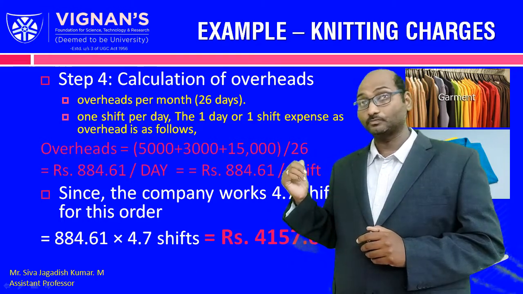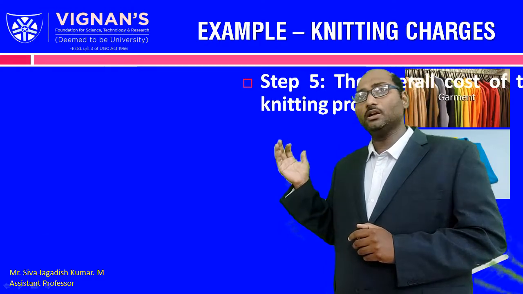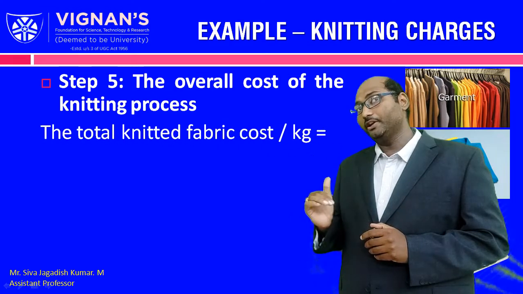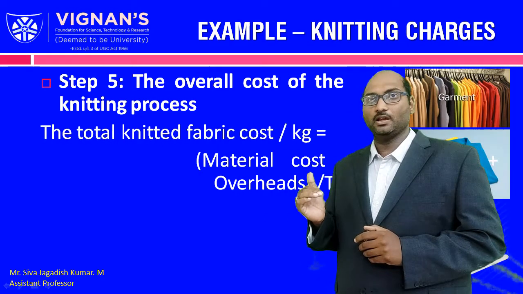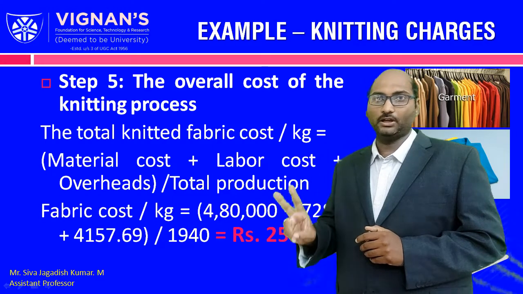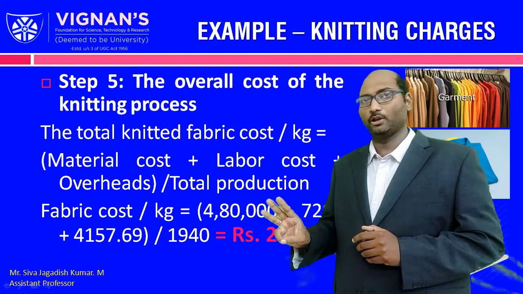So the overall cost of the knitting process, if you consider the total knitted fabric cost, is equivalent to material cost, labor cost, and overheads divided by the total production.